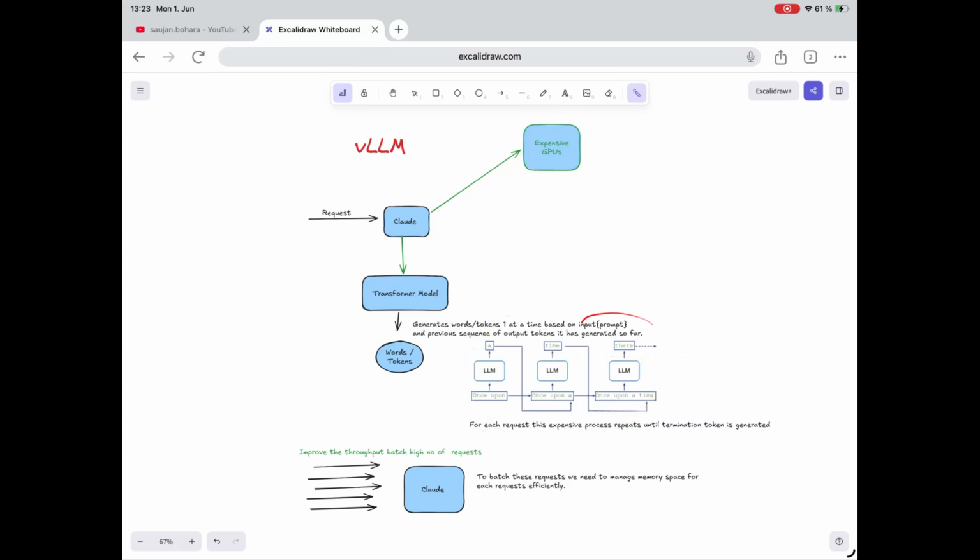All of this happens in your memory, especially in the KV cache part of VRAM. This is a very memory-expensive part, and we know running LLMs is very expensive because these GPUs cost a lot of money. So you need to make sure that when you're handling this process, it's very efficient.